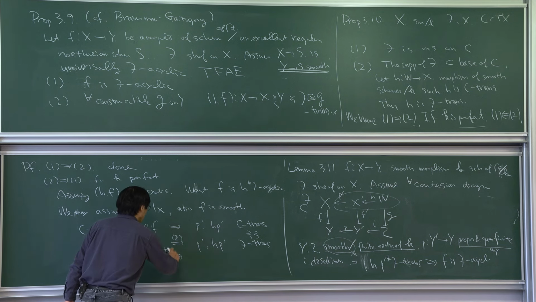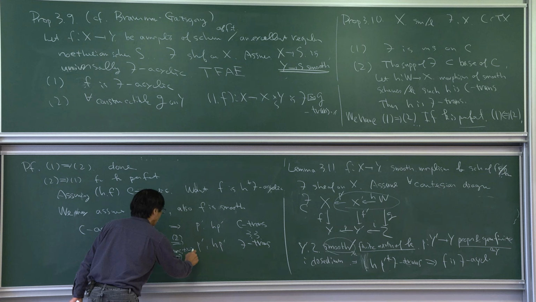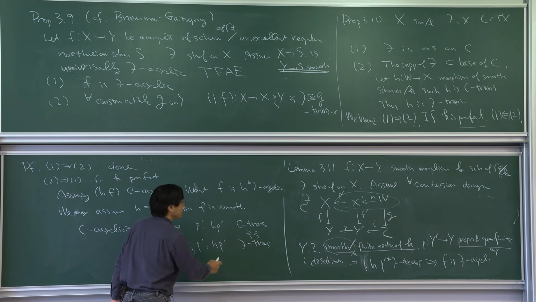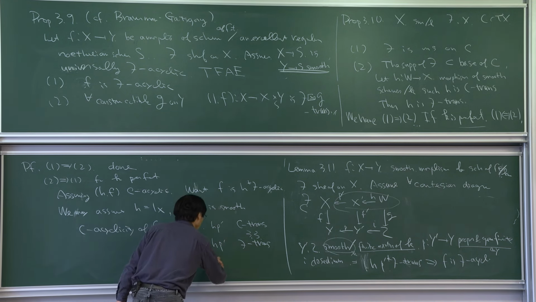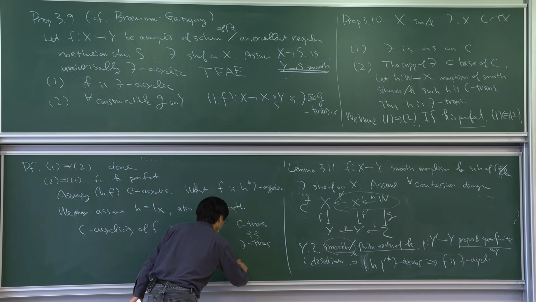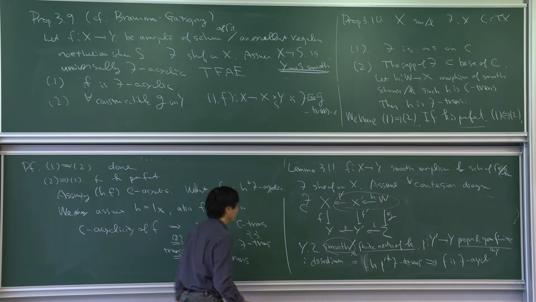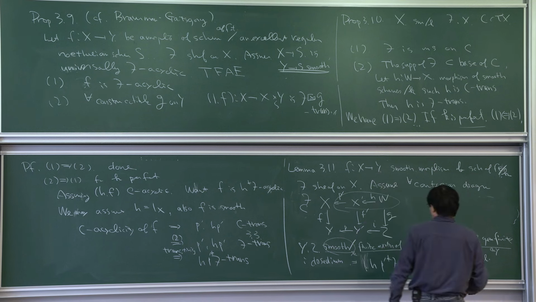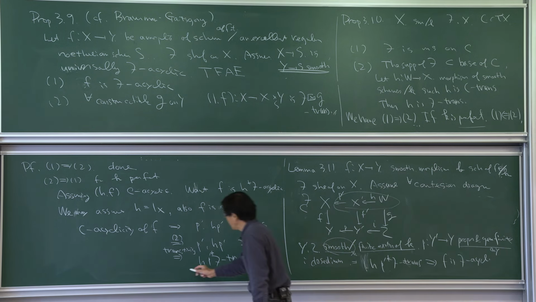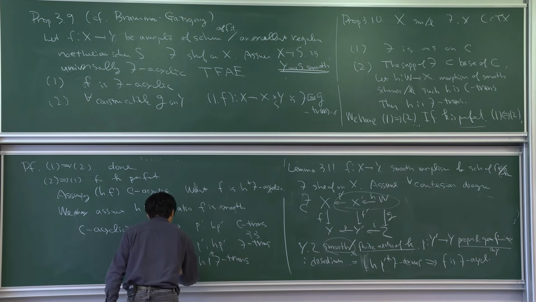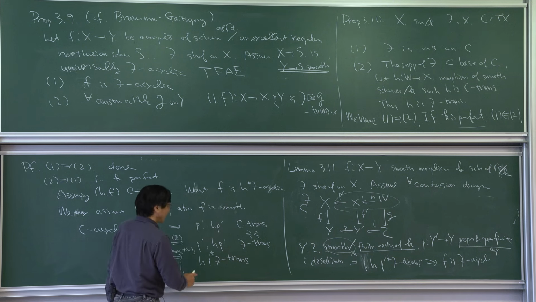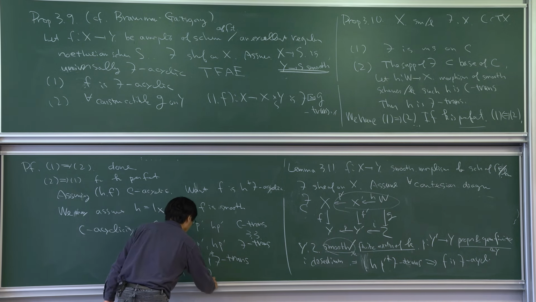And by transitivity of transversality, this implies that H is F P prime star transversal. So by this 3.11, F is F acyclic.